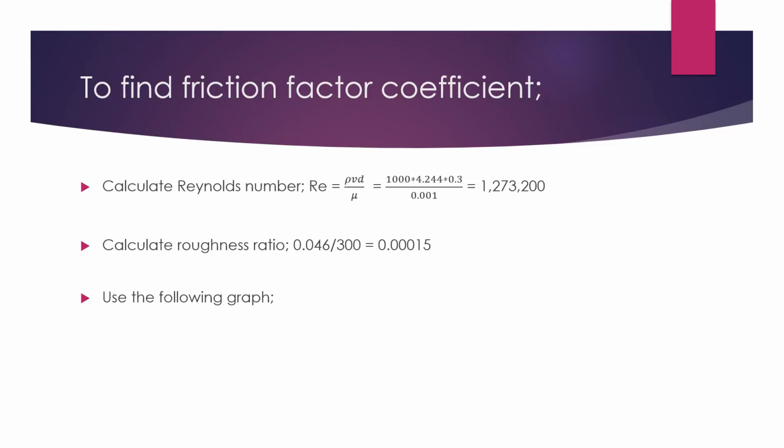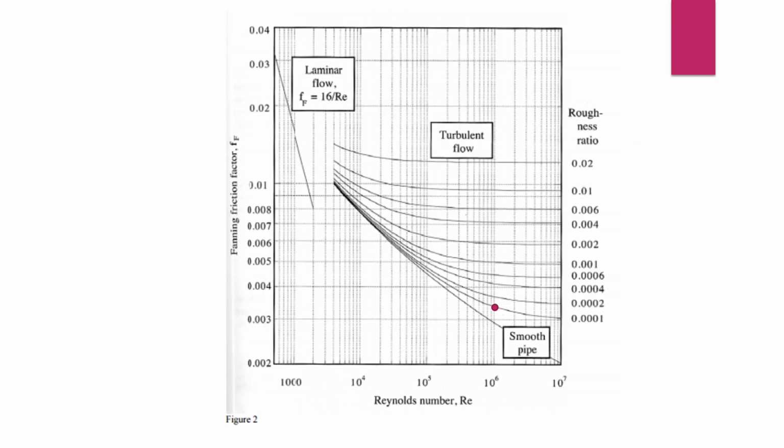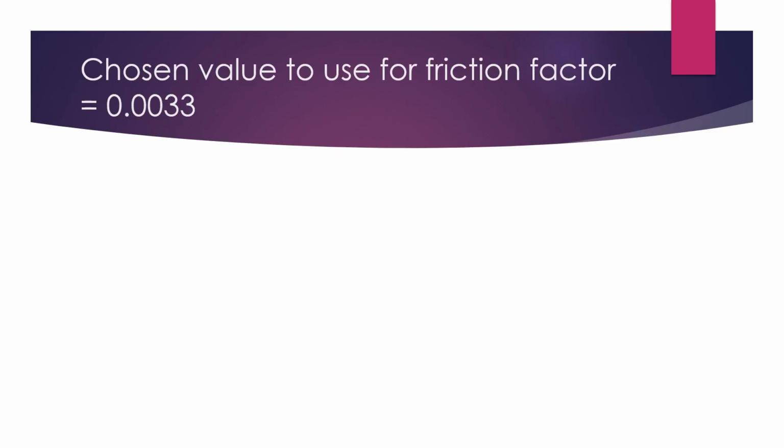We use the following graph to find the friction factor coefficient. The pink dot on this diagram allows us to estimate what the friction factor coefficient may be. A chosen value of 0.0033 for the friction factor was used in these calculations.